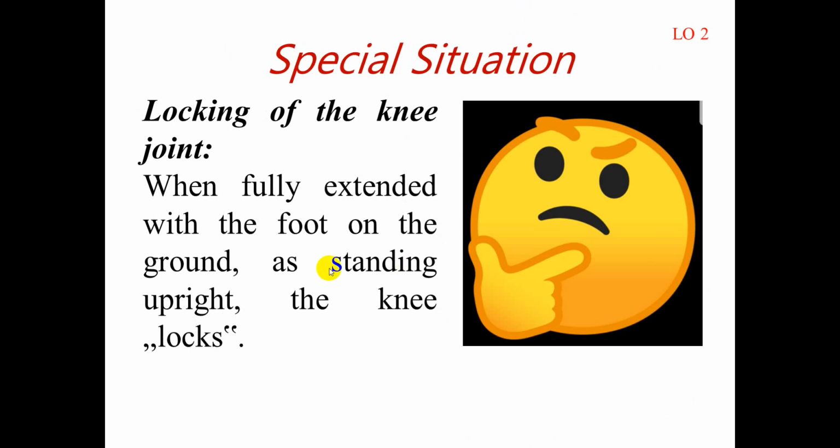Here, when the knee is fully extended with the foot on the ground, as in standing upright, the knee will be locked. This is a normal locking of the knee. So when the knee is fully extended by the function of the quadriceps muscle, which is the extensor of the knee, and the foot is on the ground as in standing, especially when you are concentrating on something, the knee will be locked.